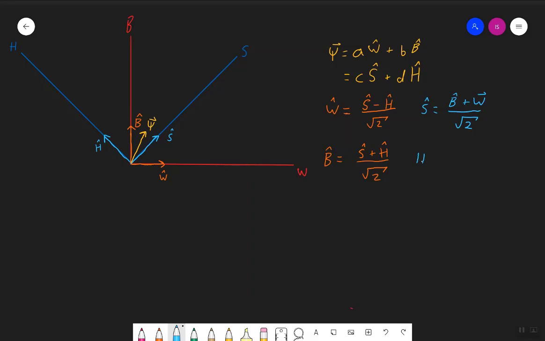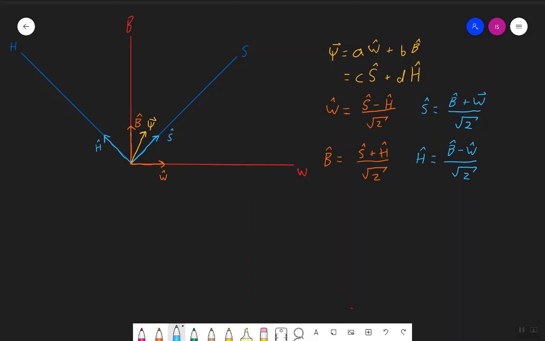And then the hard unit vector would be the black unit vector minus the white unit vector over root 2. And you can see that these relations are equivalent, so you could use algebra to rearrange one of these sets of equations and get the other set, or the other way. So they're consistent. Okay.